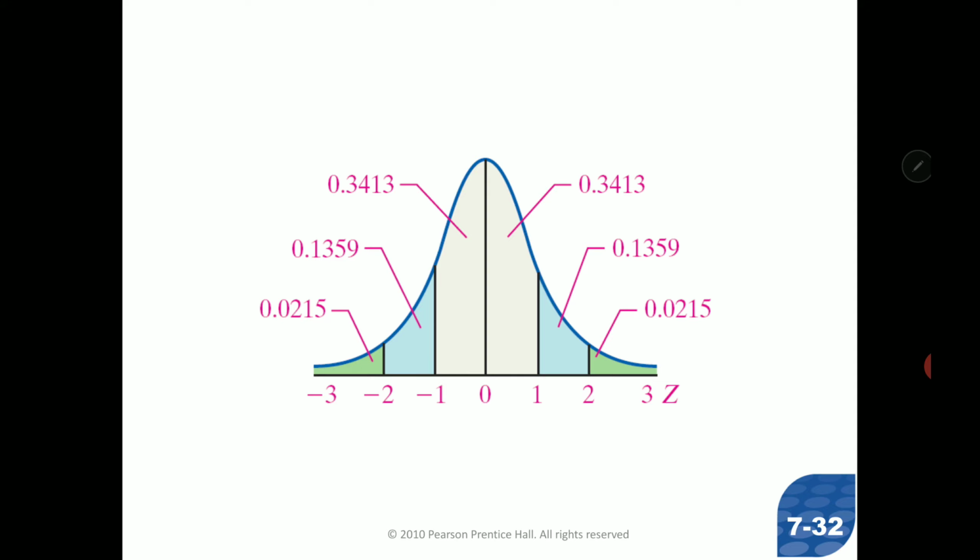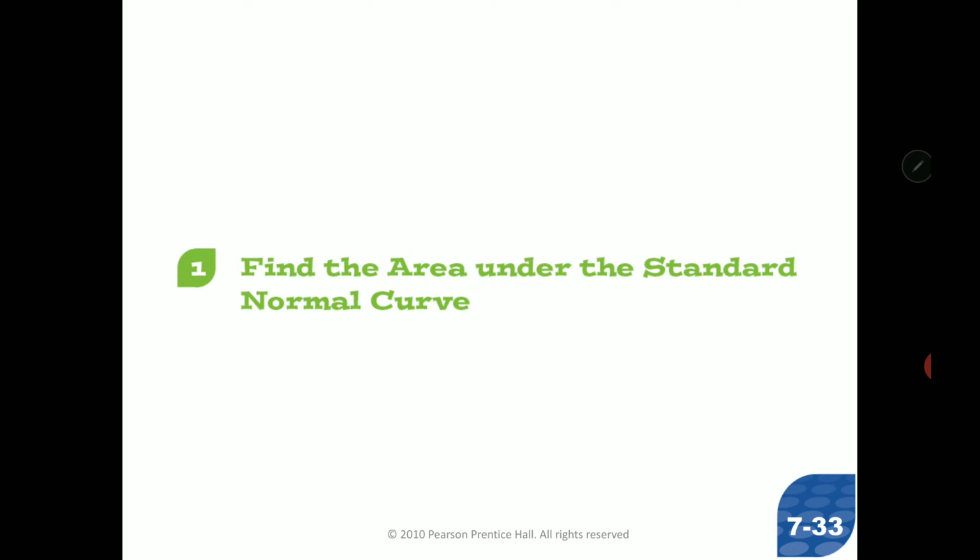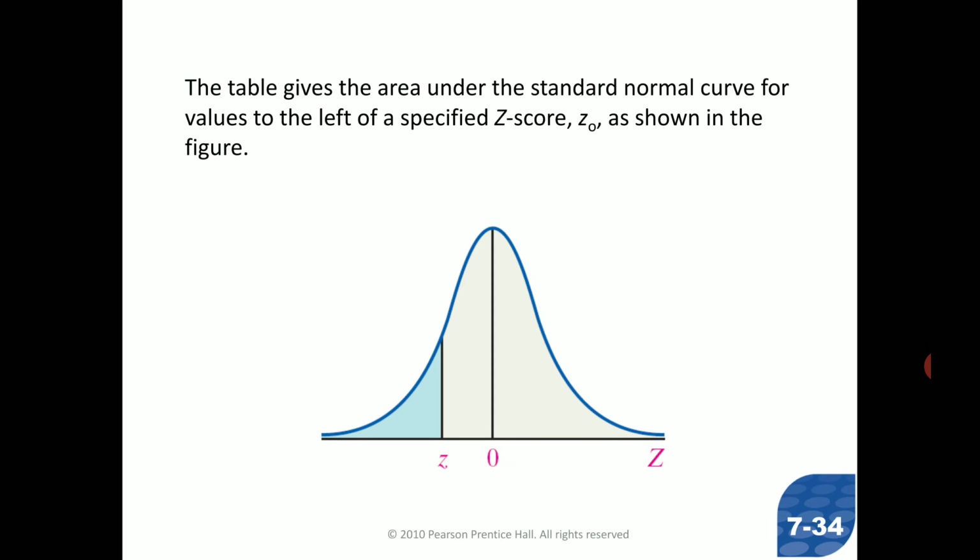And there's your empirical rule at play. So find the area under the standard normal curve. Here, we're going to have 3 ways to do this. You're going to find the area to the left, area to the right, and then area between.